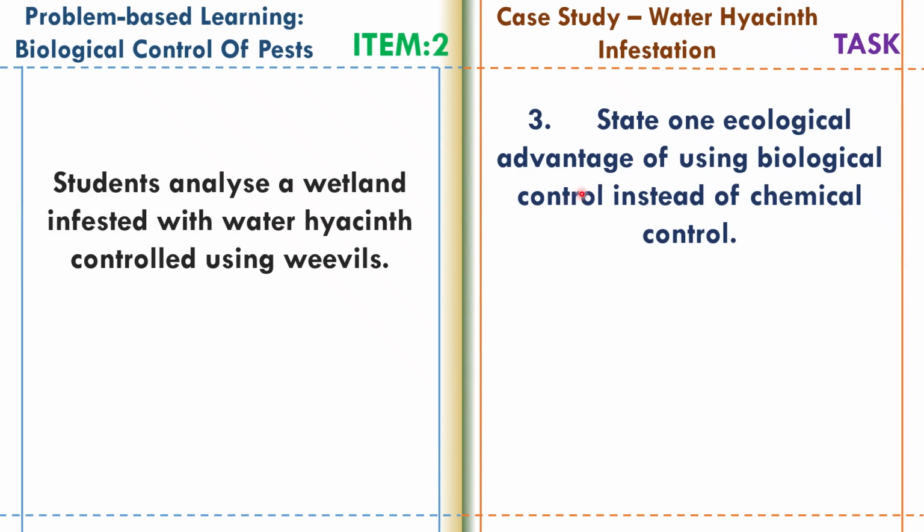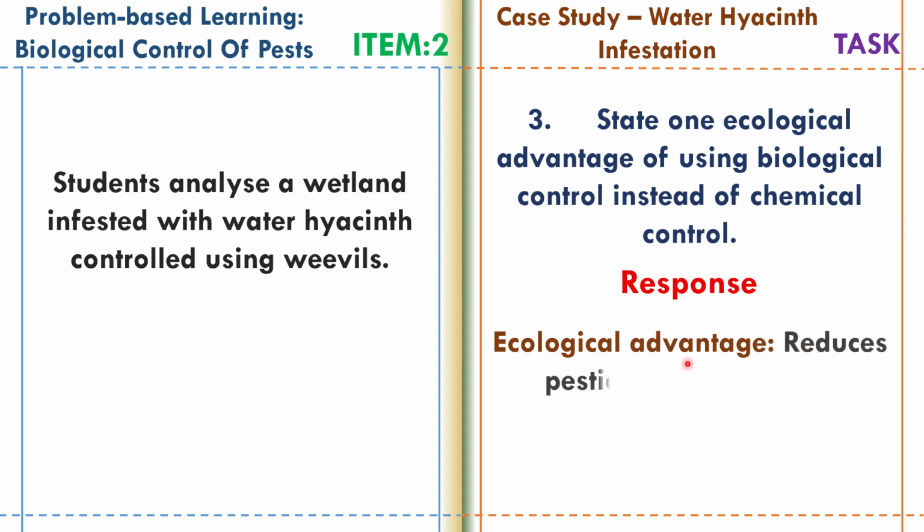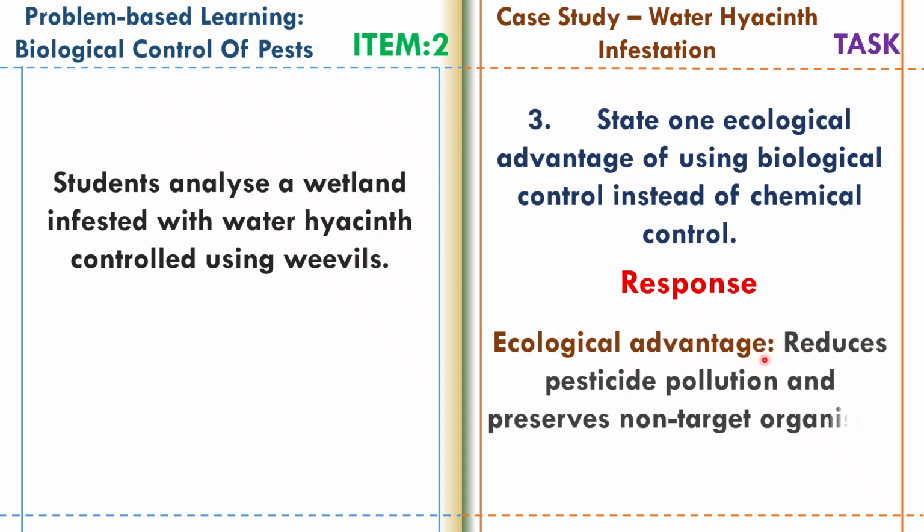State one ecological advantage of using biological control instead of chemical control. Ecological advantage: reduces pesticide pollution and preserves non-target organisms in the ecosystem.